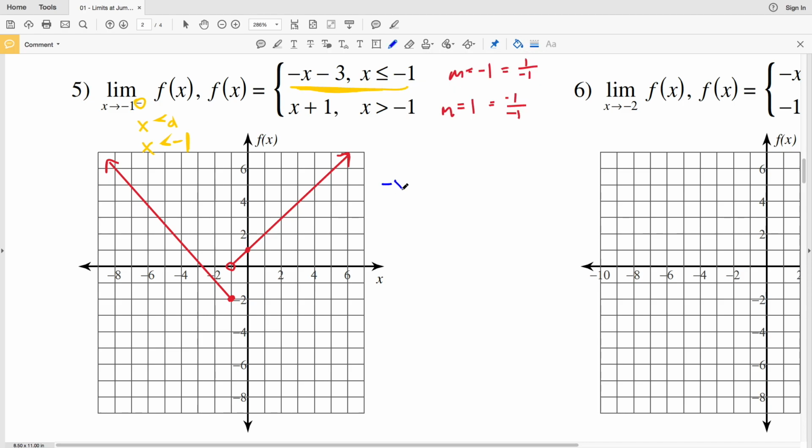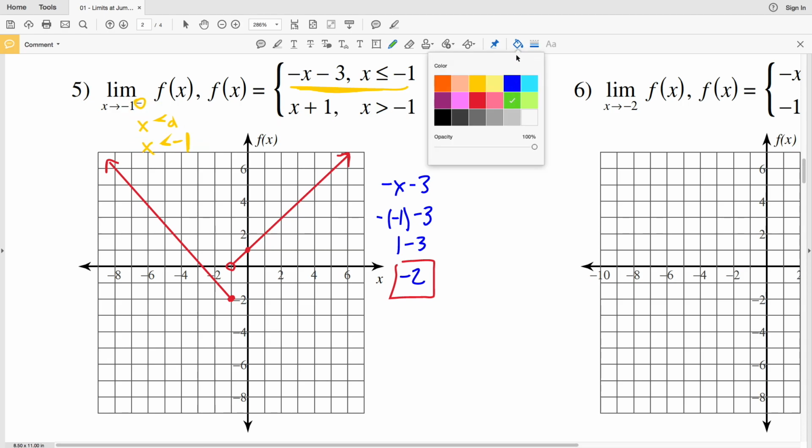So if I was to take negative x minus 3 and plug in negative 1 for x, I would have the opposite of negative 1 minus 3, which is a positive 1 minus 3, which gives me a negative 2. So negative 2 is my limit of f of x as x approaches negative 1 from the left, and that's because the domain for this part of the function represents coming from the left for my limit.